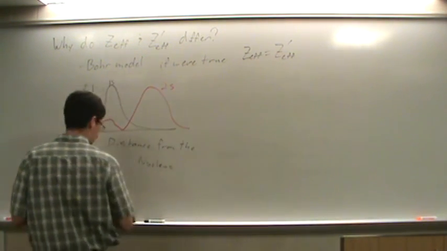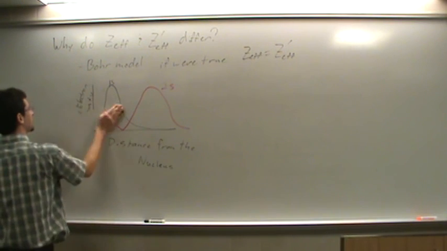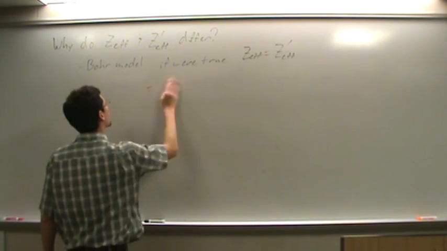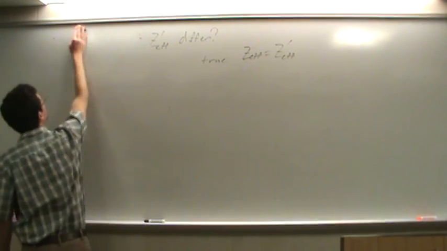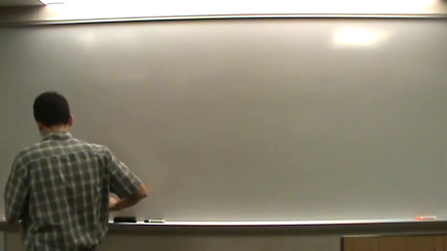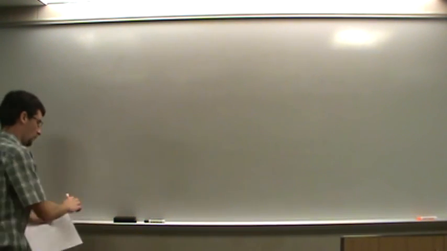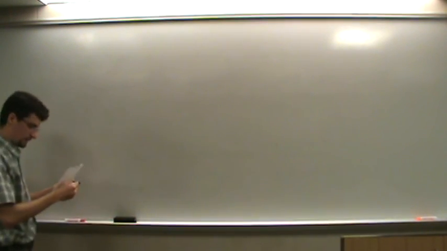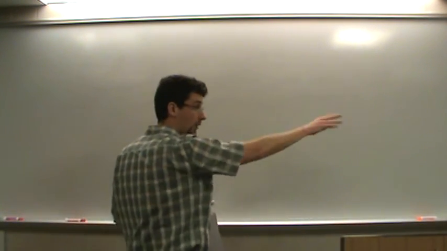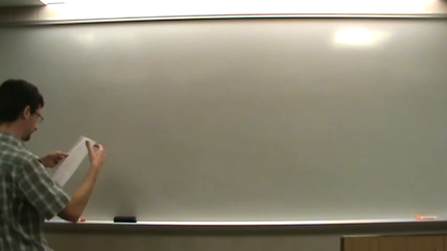All right, so now let's talk about some periodic trends. That's what this is all about, trying to get some trends. What we're going to do is keep track of the periodic table, going across from left to right.